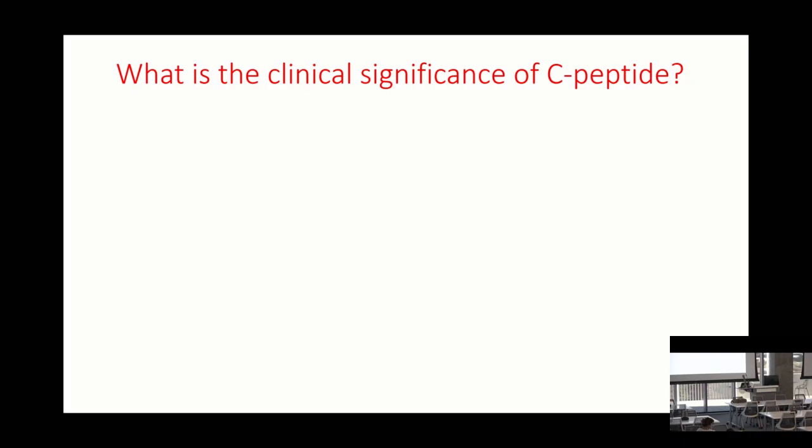Anything else? It's secreted in equal amounts as insulin. So I guess that's how you would distinguish between type 1 and type 2, because in type 2 there should be normal or high levels of C-peptide. But in type 1, since there's damage to the beta cells, there should be low levels. That is very correct.